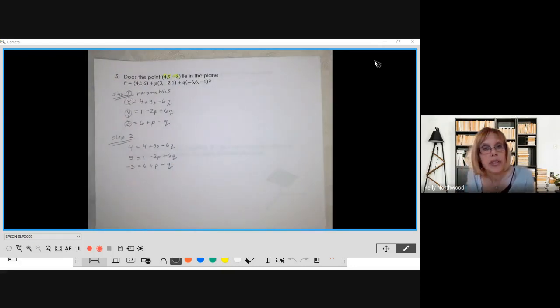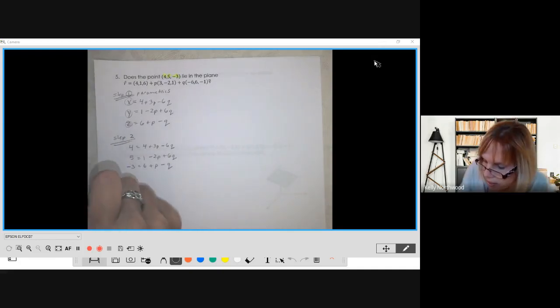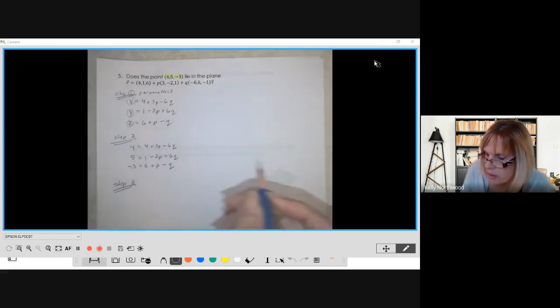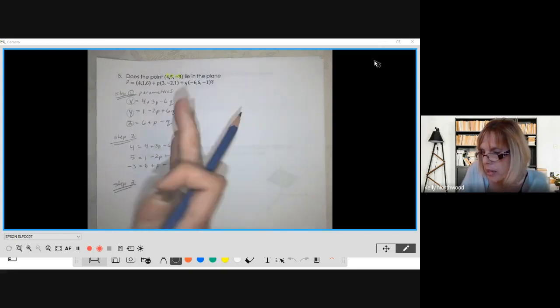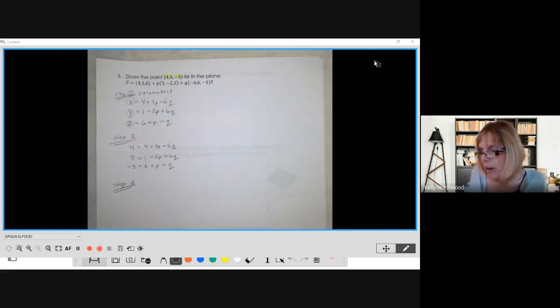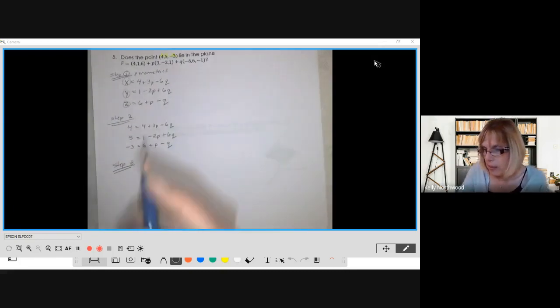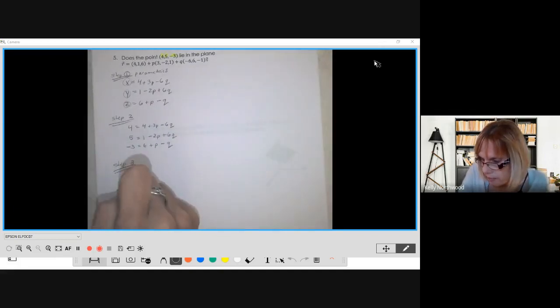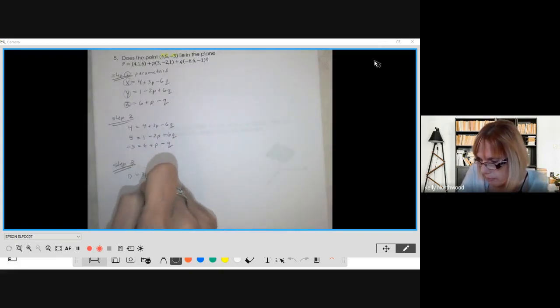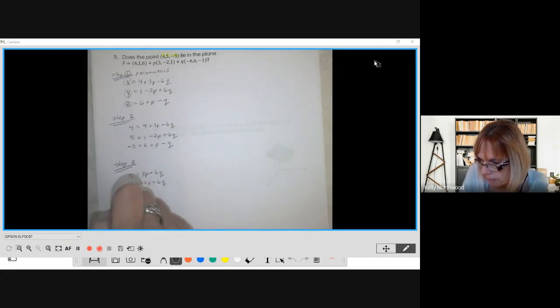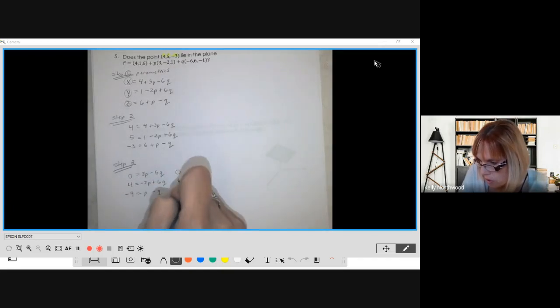And I want us to get them to look like yesterday's ones. So I want the p's and q's to one side. We might as well keep them on the right side, and we'll move the constants so they're on the same side. So all I'm going to do is subtract this 4 over. And subtract 1 over. And subtract 6 over. And I'm going to call these equations 1, 2, and 3.